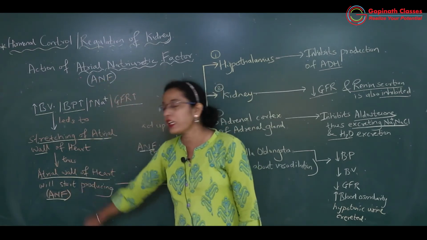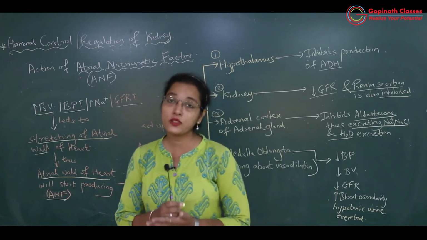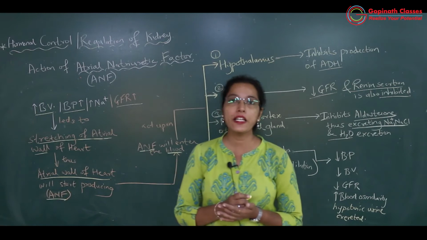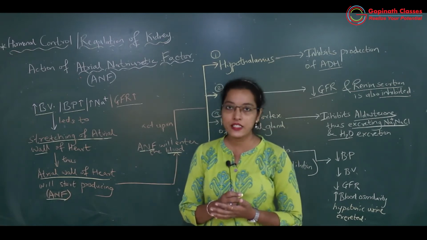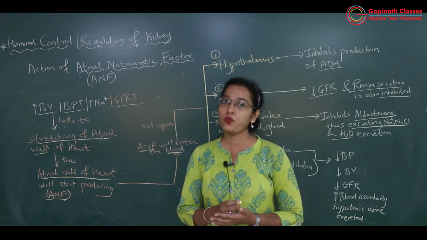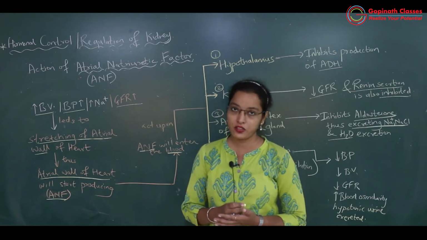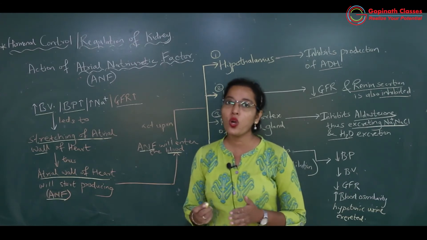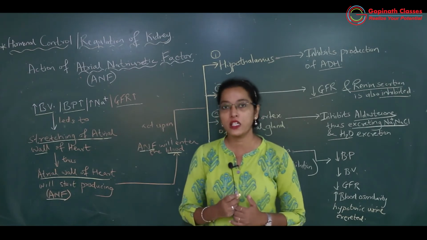So atrial natriuretic factor will be produced by the receptors which are present over the atrial wall. When will it be produced? When BP increases, blood volume increases, at that time these receptors will start producing atrial natriuretic factor. Why will they produce it? To regulate the BP, to reduce this BP which has increased.